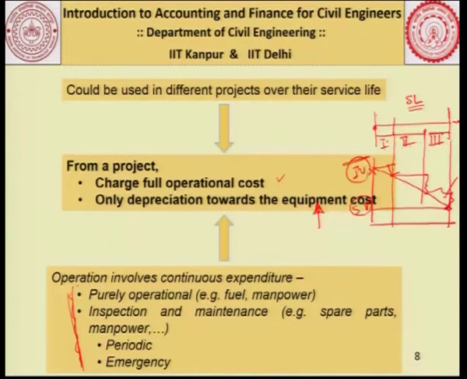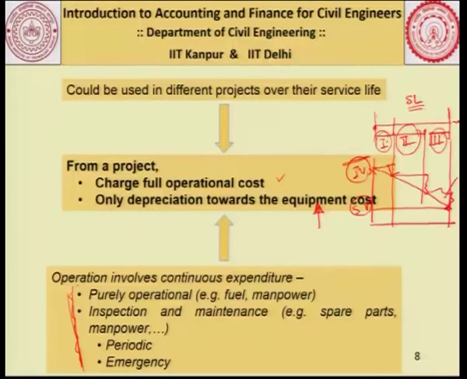When we say as a construction company that we take up this project or this project or this project for a certain amount of money, what that amount must include is these kind of things altogether. For all the equipment, full expenses as far as the operational costs are concerned, and the sum of all the depreciations that occur at that project site. So, that is how we work as far as estimating the machine cost is concerned for the project cost.